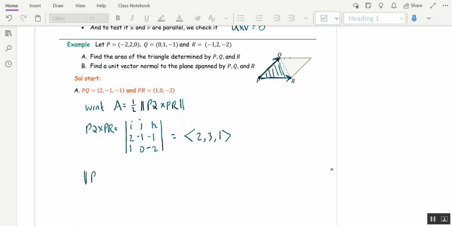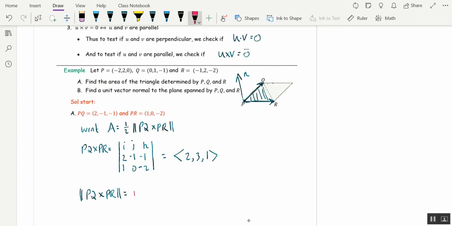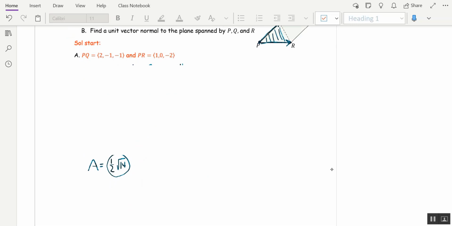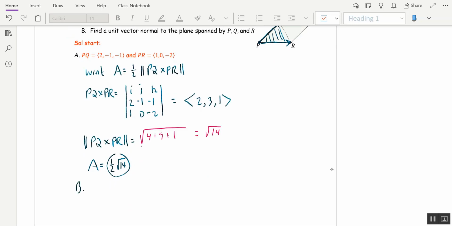So the length of PQ cross PR is the square root of 4 + 9 + 1, which is the square root of 14. So for part A, the area, which we'll call A, is 1/2 of that. So 1/2 root 14.